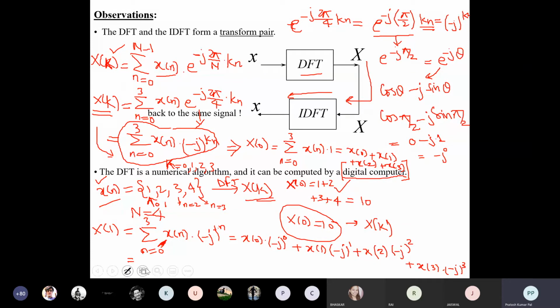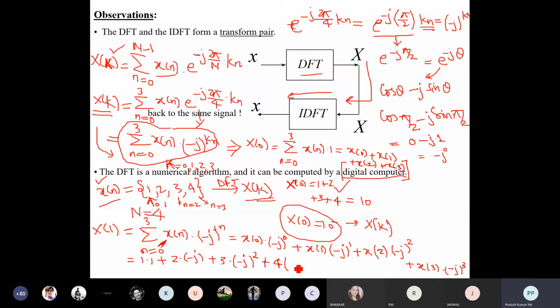So x of 0 is equal to 1, so it will be 1 into minus j to the power 0, that will be 1. Okay, plus x of 1 will be 2 into minus j to the power 1, which is minus j. Plus x of 2, which is 3, multiplied by minus j to the power 2, plus x of 3, which is 4, multiplied by minus j to the power 3.